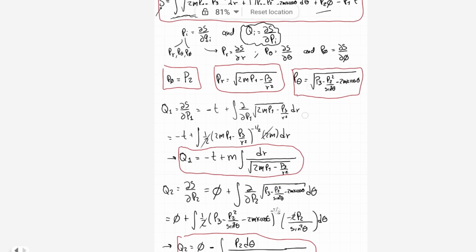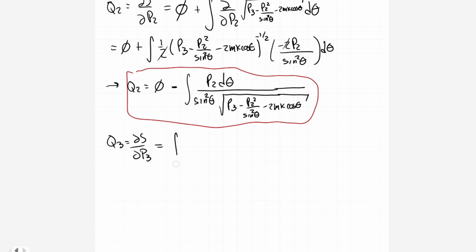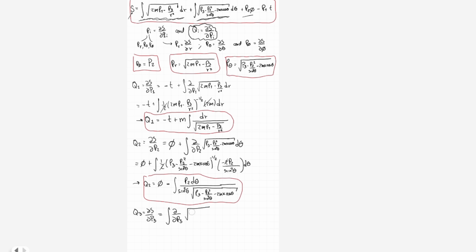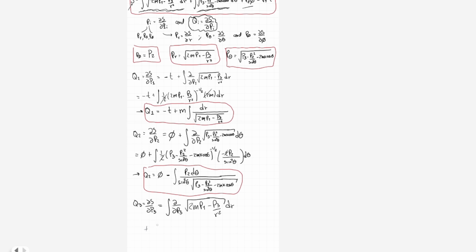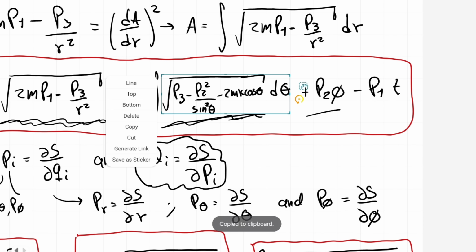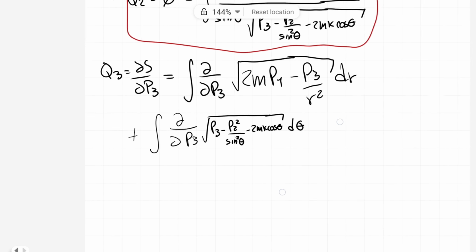So we will get the integral of the derivative with respect to P3 of the square root of 2m(p1 minus P3 divided by r squared) dr, and then plus the integral of the derivative with respect to P3 of, let me copy this quantity. Okay, we will get this.